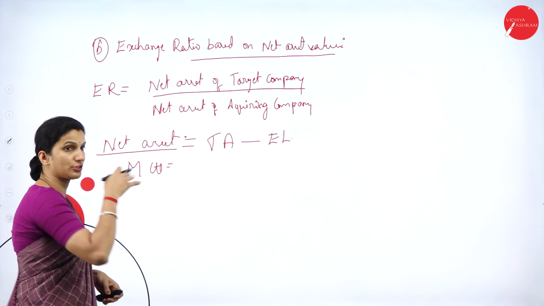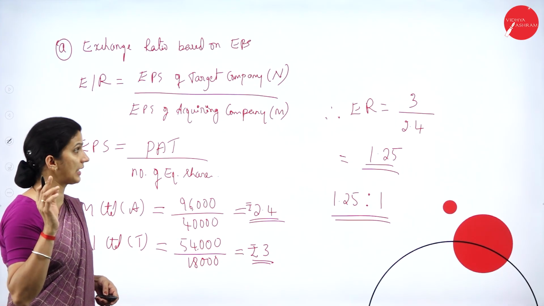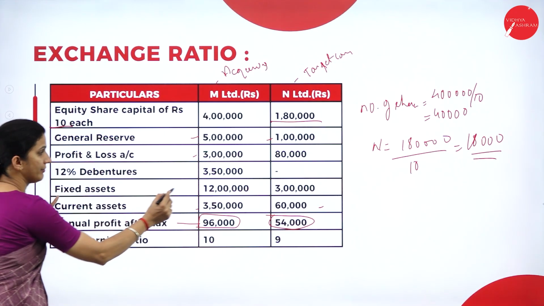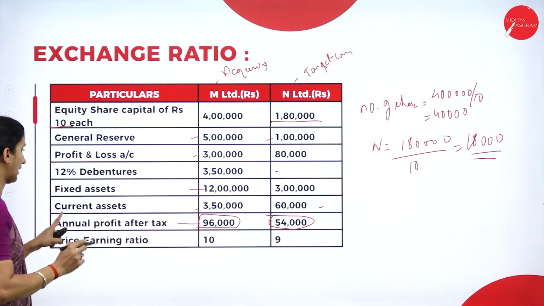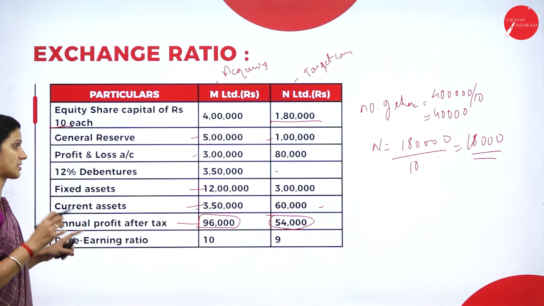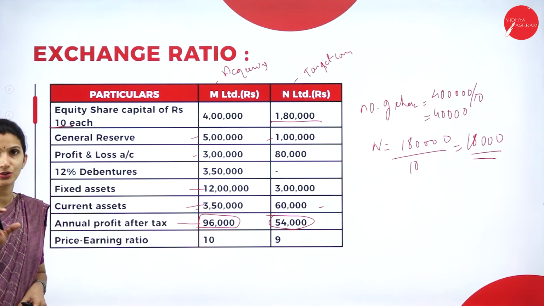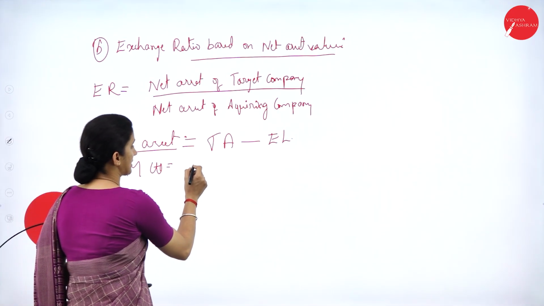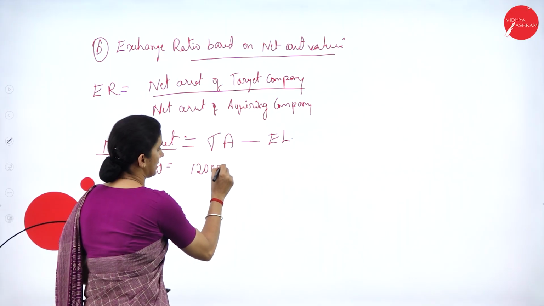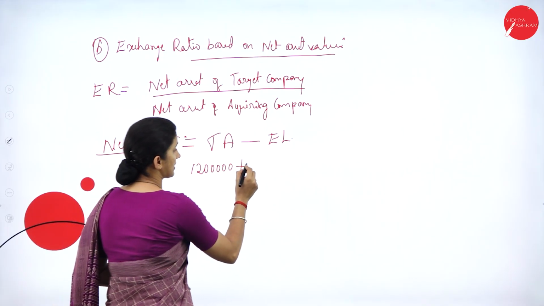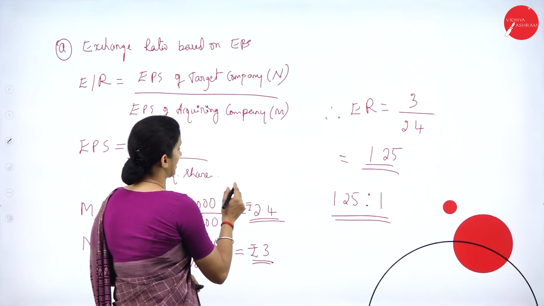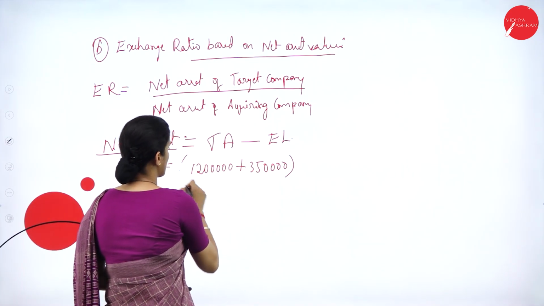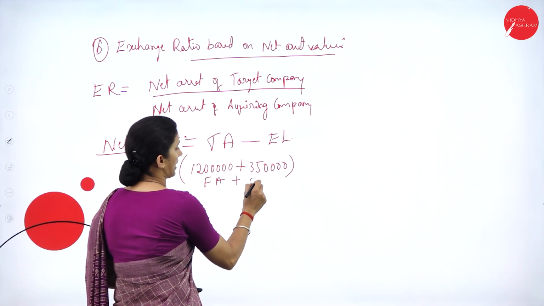So first we'll calculate for M Limited. What are the total assets? See here, M Limited has fixed asset of 12 lakh and current asset of 3,50,000. So their total asset is fixed asset plus current asset, 12 lakh plus 3,50,000.